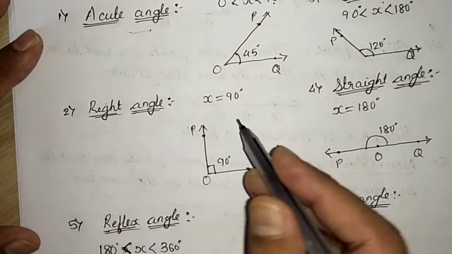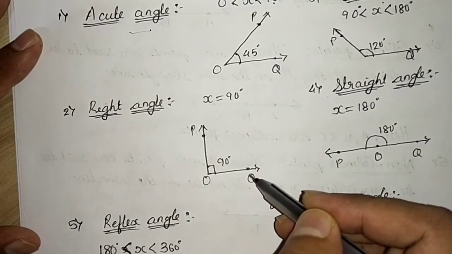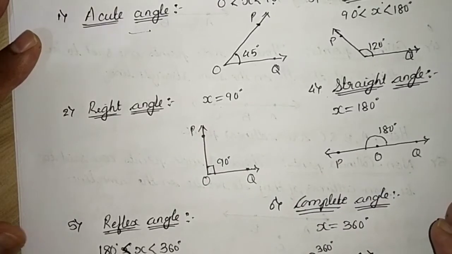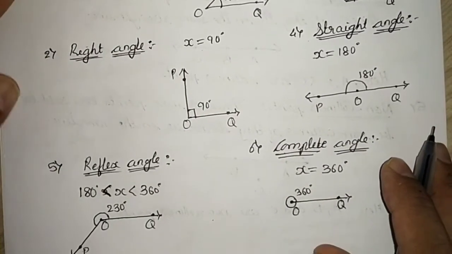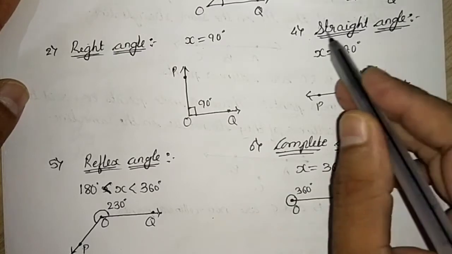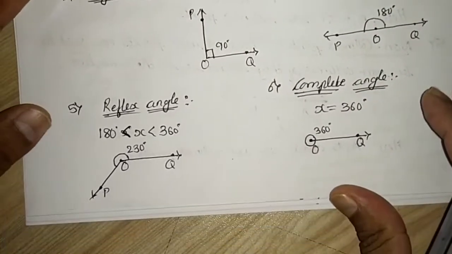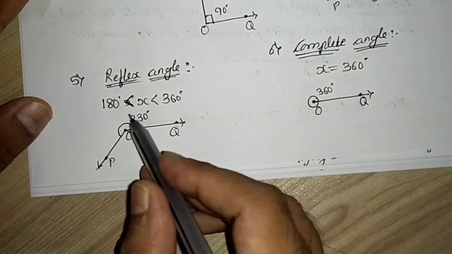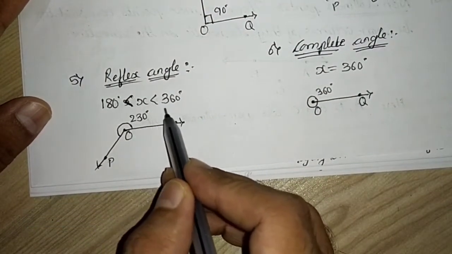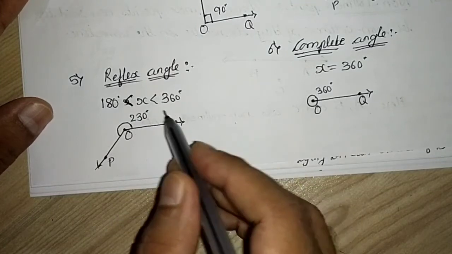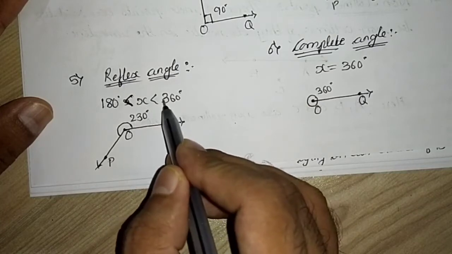Right angle, exactly 90 degree. If it is exactly 90 degree, it is known as a right angle. If the angle forms 180 degree, then it is known as a straight angle. Reflex angle: if the degree is more than 180 and less than 360, it is known as a reflex angle, that is starting from 181 till 359.